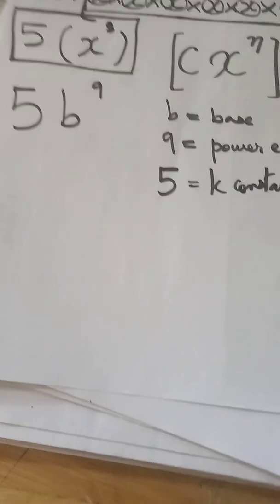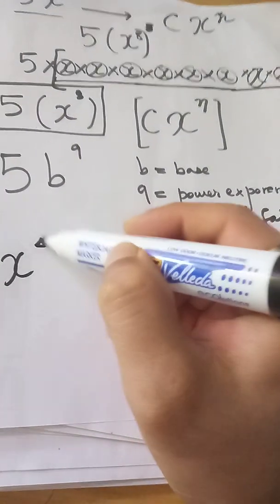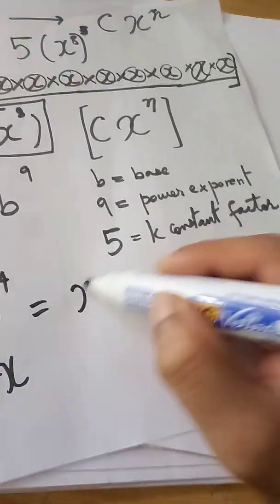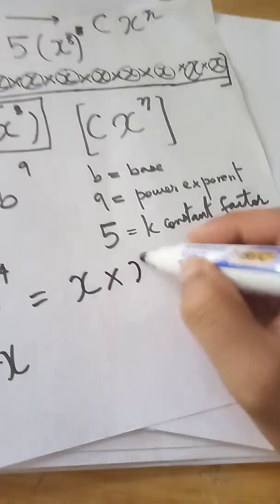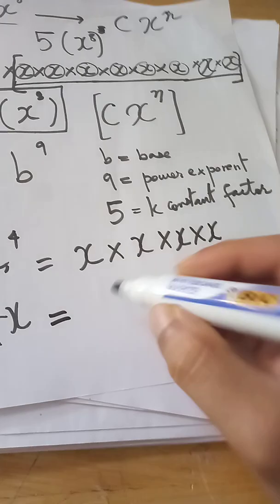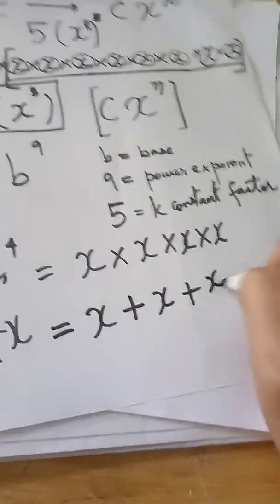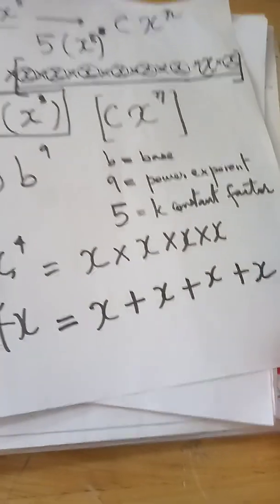You always have to know the difference between x to the power 4 and 4x. x to the power 4 is x times x times x times x, x multiplying with itself 4 times, and 4x is x plus x plus x plus x. So that's the difference.